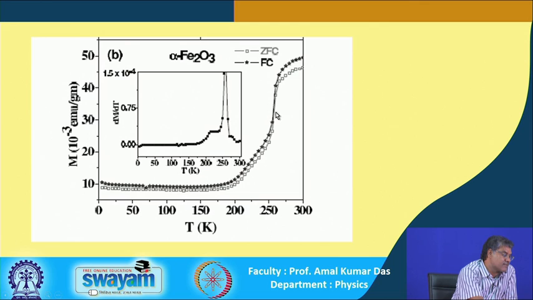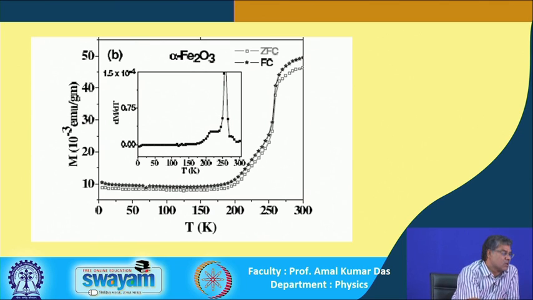There is a certain point called the inflection point, and there its slope changes suddenly, from positive slope to negative slope. This inflection point is taken as the transition temperature.